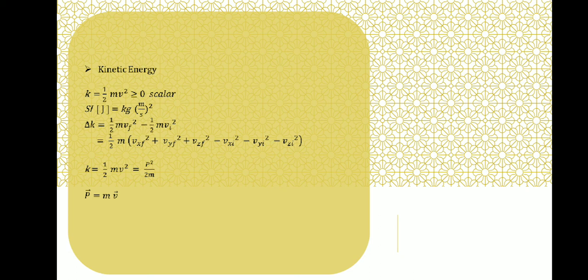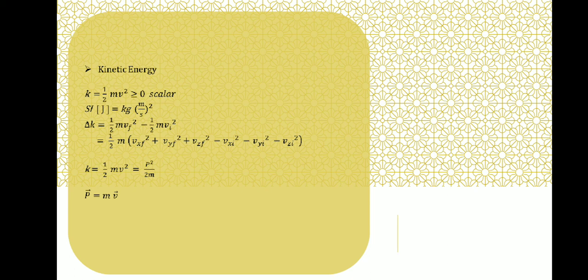It means the object is experiencing a change in kinetic energy. The change in kinetic energy is equal to half m vf squared minus half m vi squared. If there is movement in three-dimensional space, then it is half m times vxf squared plus vyf squared plus vzf squared, minus all the initial values.